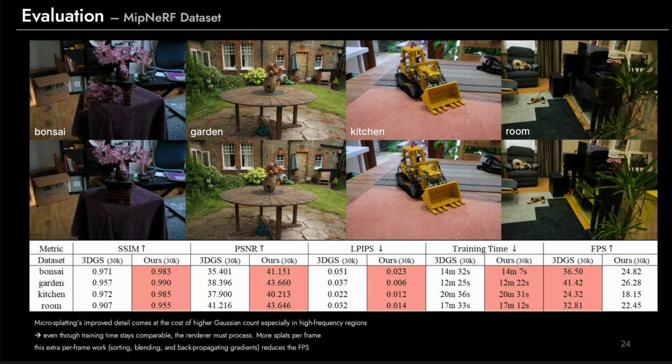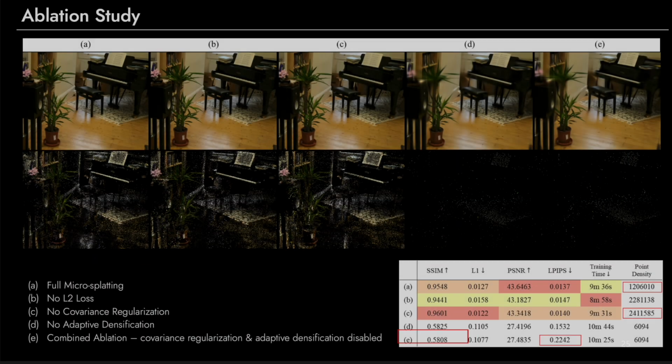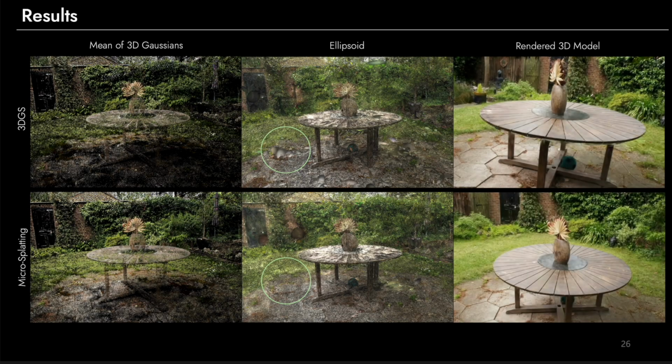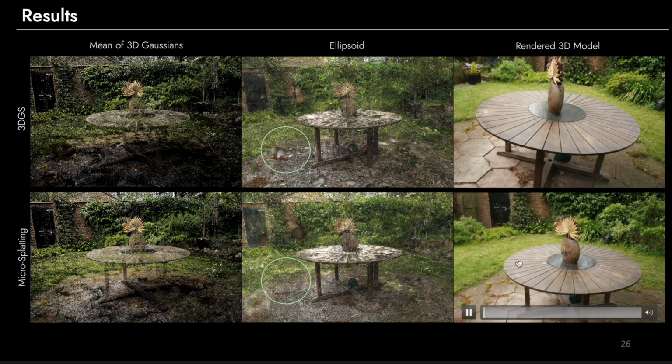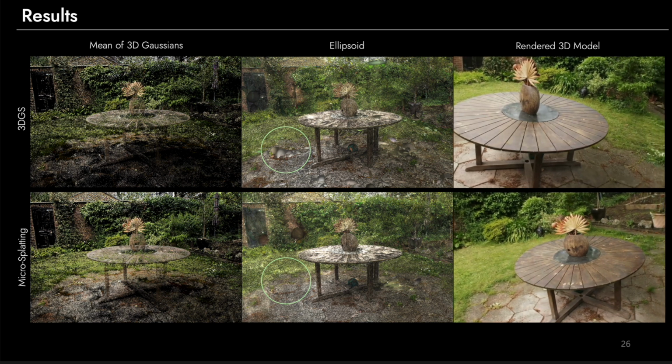While training time stays comparable, rendering requires processing more splats per frame, slightly reducing the FPS. Removing our key components significantly degrades performance, validating the importance of each part. Side-by-side, visualizations further show that micro-splatting maintains crisp textures and clear geometry.